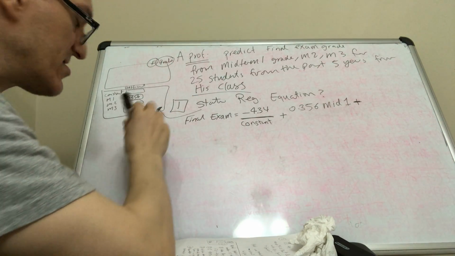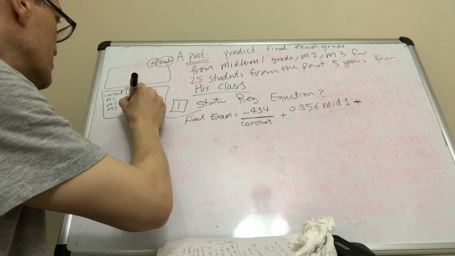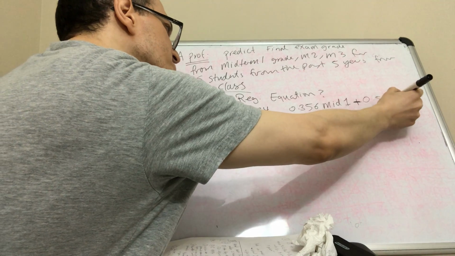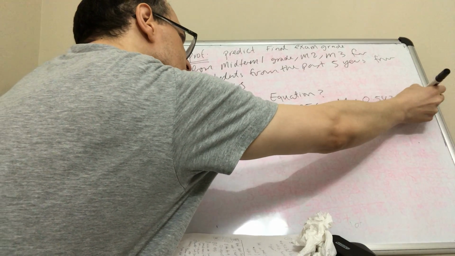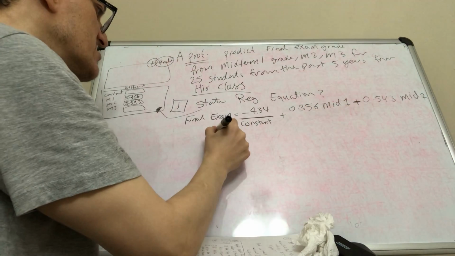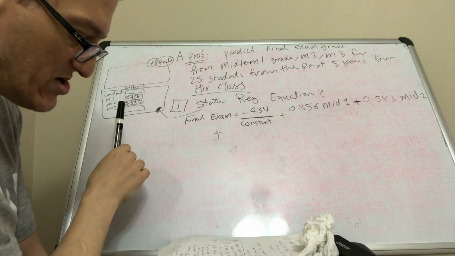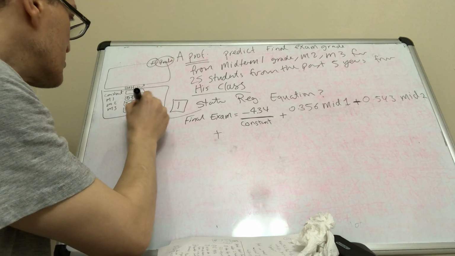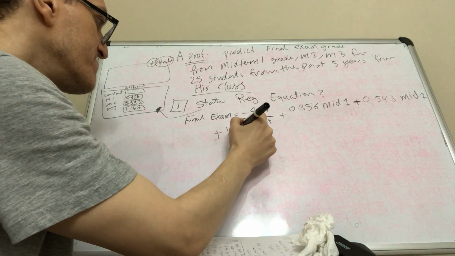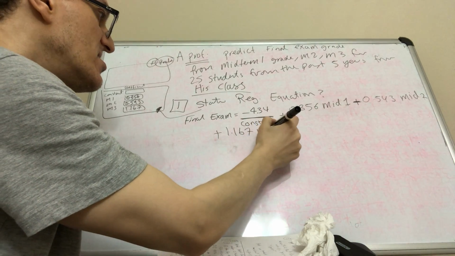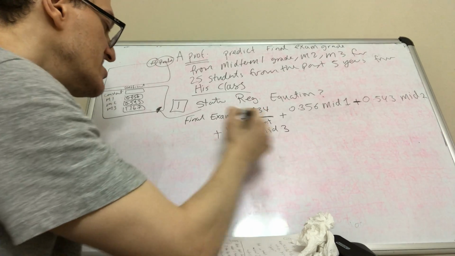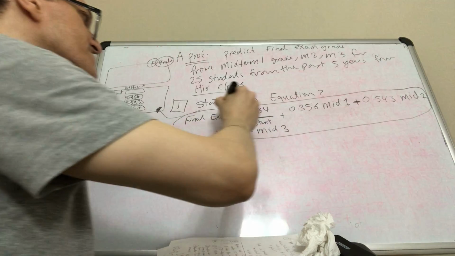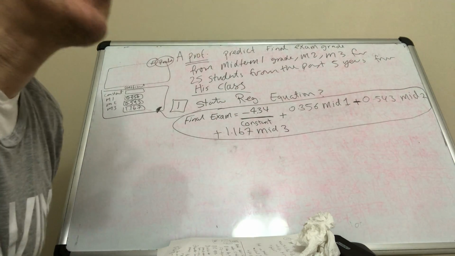And for this one, the number next to it was 0.543 of mid 2. Plus, last one was 1.167 of mid 3. This here is the equation of regression.